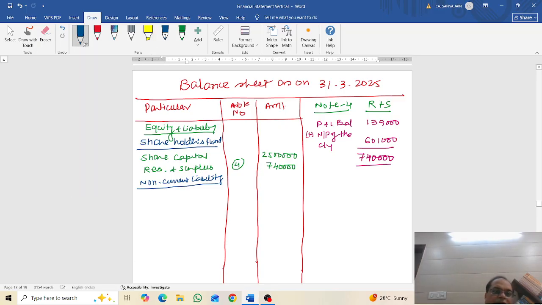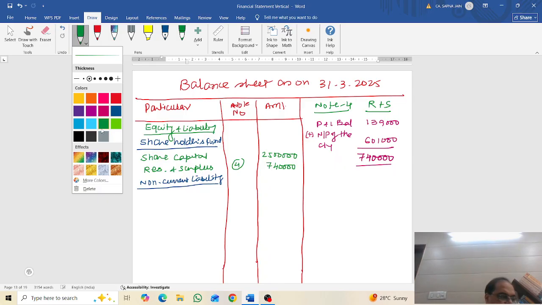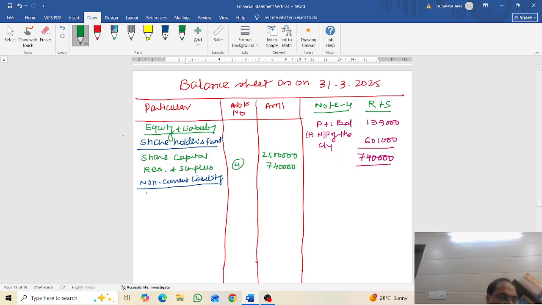Under the non-current liability, the first item is long-term borrowings, which is given in the question.